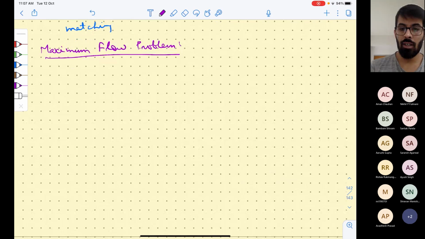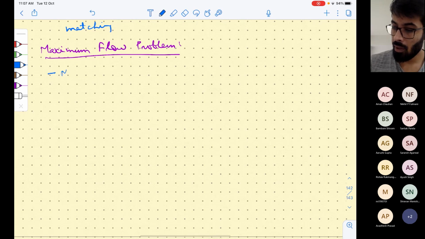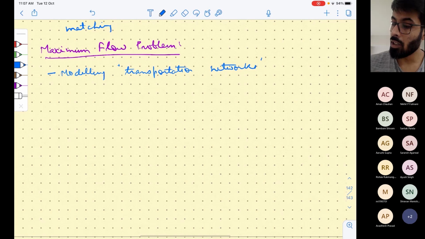So let's first think about that. Okay, what is this? What are these things about? So this is about modeling some transportation networks. So okay, what is typically a transportation network?